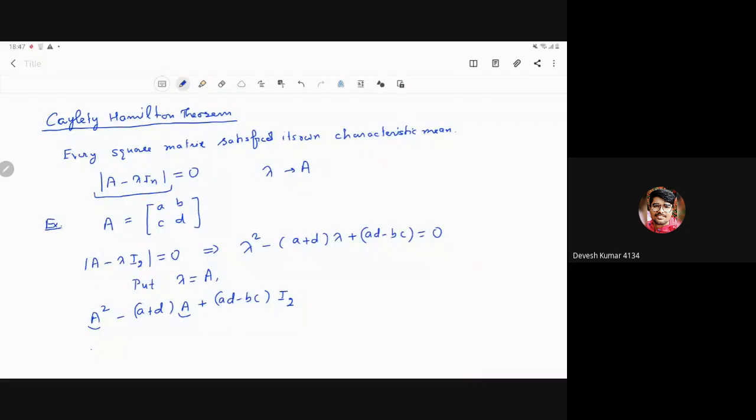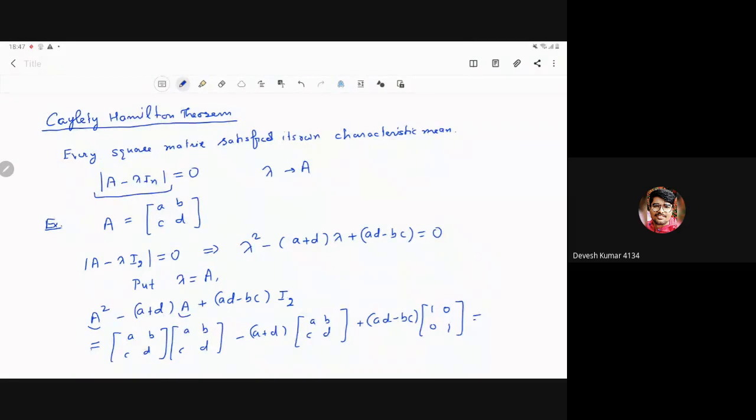Now, if you simplify it, you write [a, b; c, d] whole square, meaning multiply this with itself, minus (a plus d) times [a, b; c, d], plus (ad minus bc) times I2, the unit matrix of order 2 cross 2.